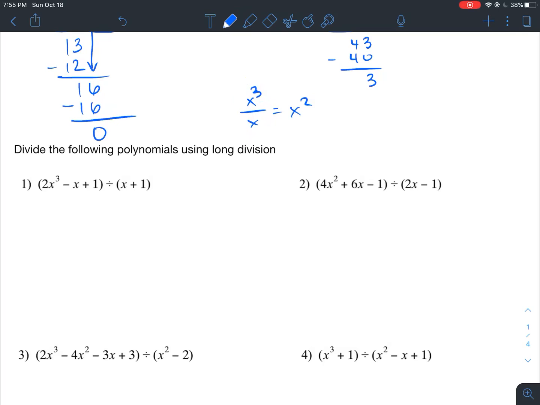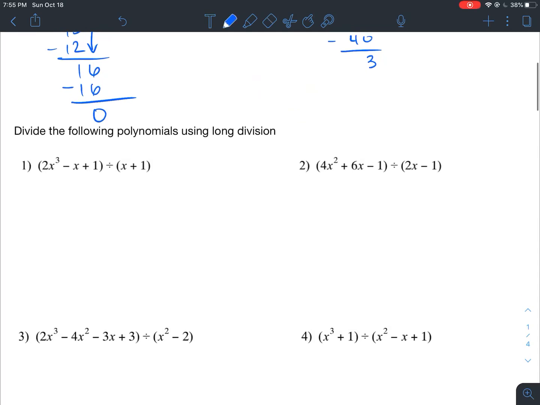So notice here that when you divide a degree 3 by a degree 1, you get a degree 2. If you took a degree 3 divided by a degree 2, you would get a degree 1. Okay? So knowing that, let's try number 1 and let's set this up. To set this up, I would do x plus 1. That's what we're dividing by.